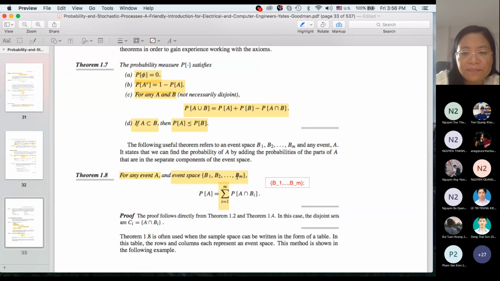So we have AB1, which means A intersection B1, up to ABm. These are not an event space. However, they are mutually exclusive. The m events here are mutually exclusive.